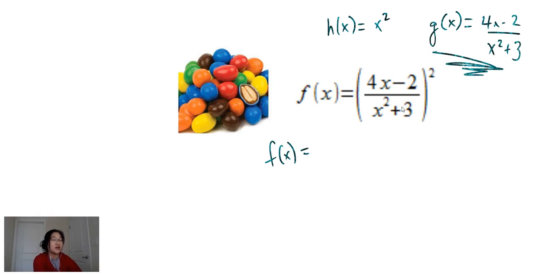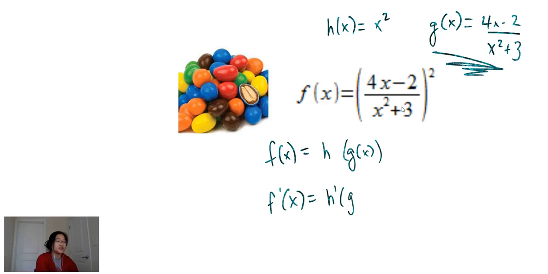It's g of x. So g of x is the peanut. We have g of x on the inside, and then all of that quantity is being squared, so we have h of g of x as our function f of x. When we're taking our derivative, f prime of x is going to give us h prime of g of x times g prime of x.